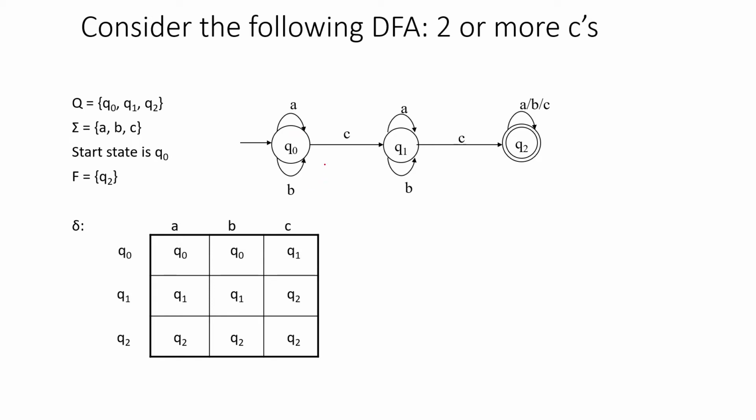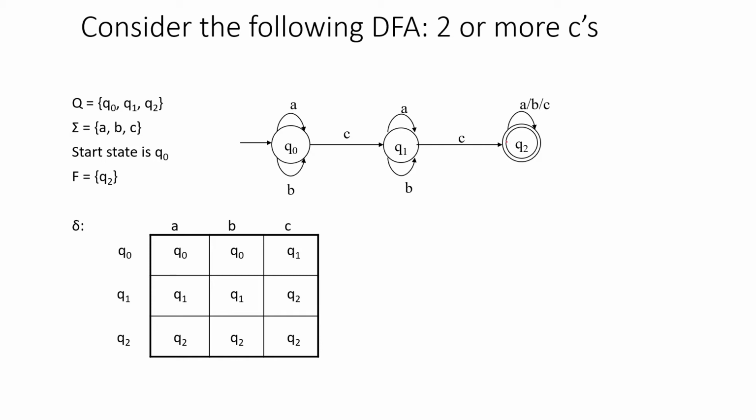Even if you get C, then you can go from Q0 to Q1, and same thing for Q1. So what basic thing we can find over here, that to reach the final state Q2, since Q0 is the initial state, you have to have at least 2 C's, or maybe more, but at least 2.